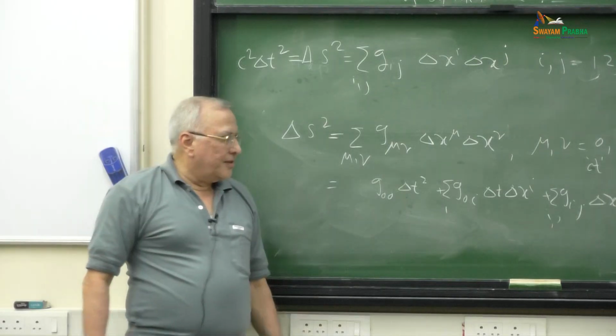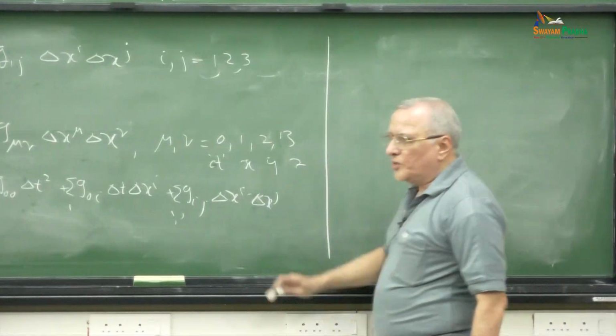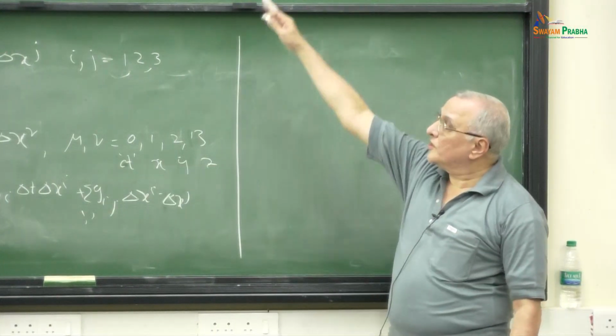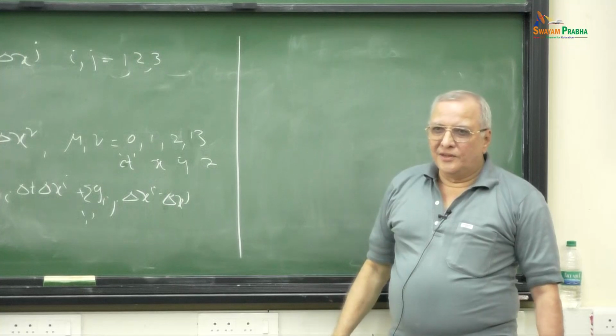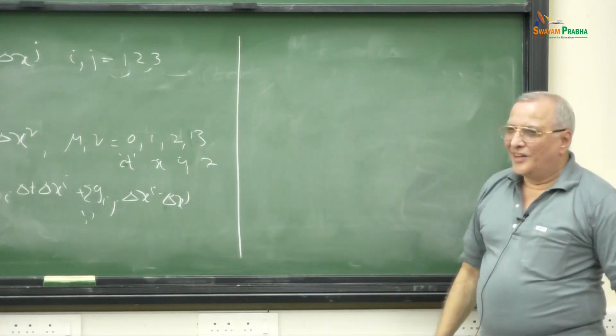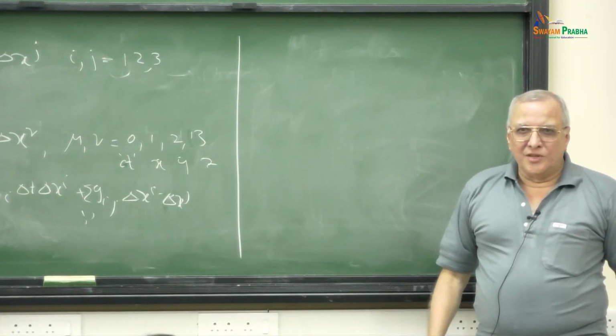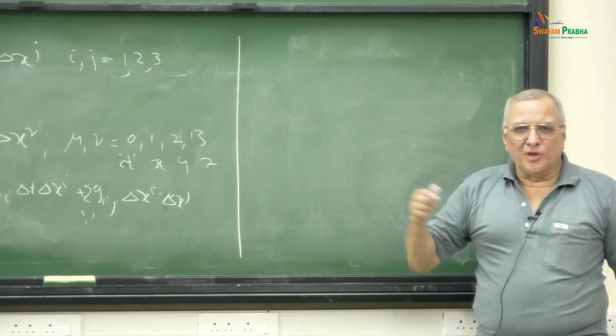Now, the simplest example of the space part was our Cartesian system, right? There we know delta x square plus delta y square plus delta z square. So the metric coefficients gij were simply 1, 1, 1.